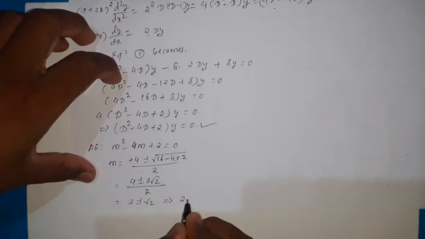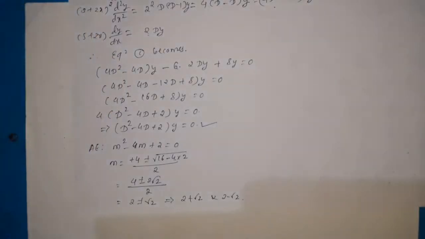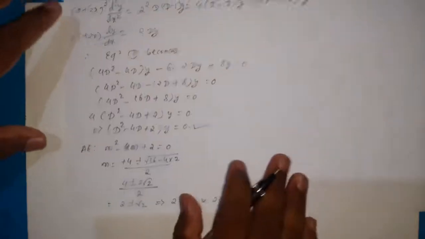It implies that 2 + √2 and 2 − √2 are the roots of this equation.